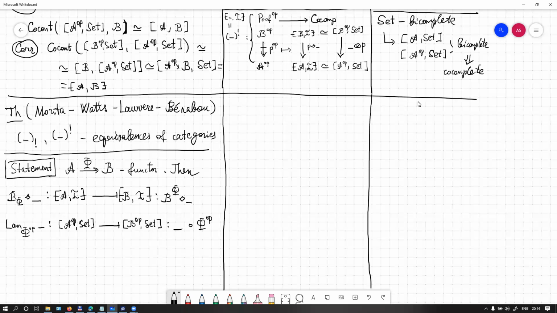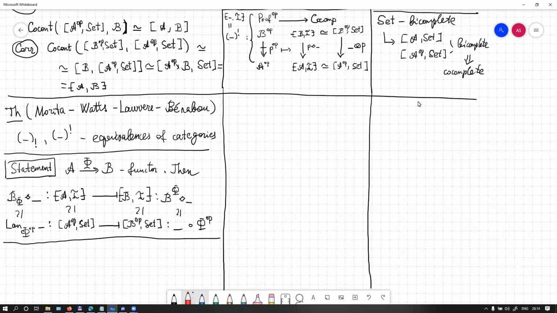But I need to emphasize not the functor, but its opposite. So these are all isomorphic. So this is what we have about profunctors.